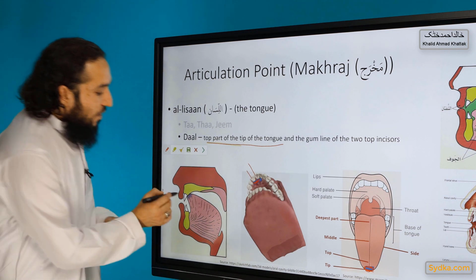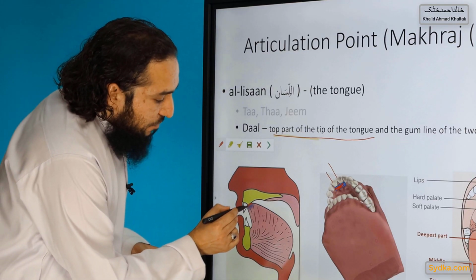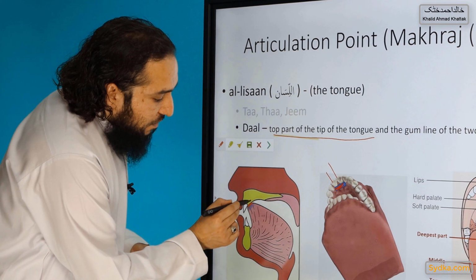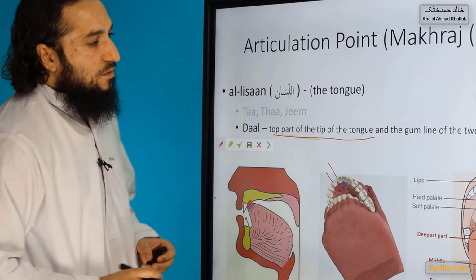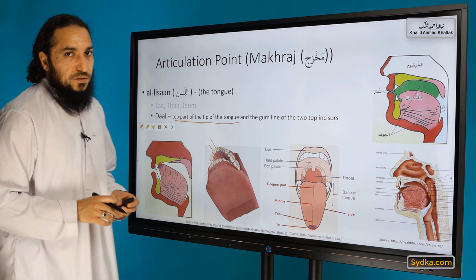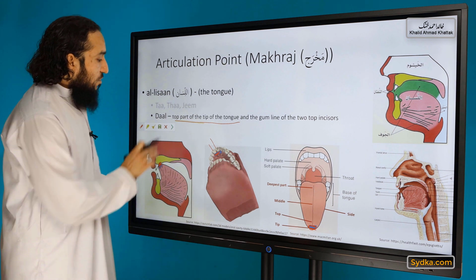You can see in the other diagram. That's the top part of the tip of the tongue, and this is the gum line for the top two incisors. Let me explain this in the 3D model.